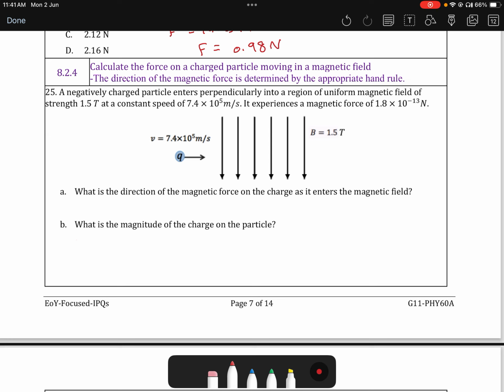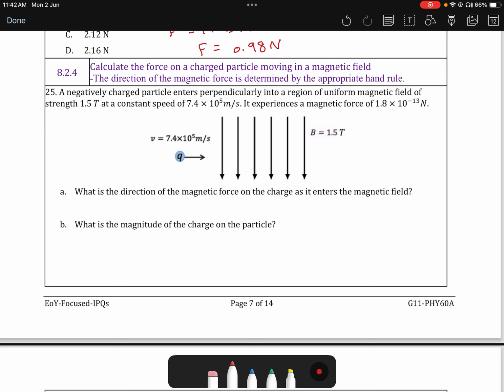Okay. Now, next is a little bit different. Here we don't have current, we have a moving charge. So what is the direction of the magnetic force? Thumb with the velocity, index with B. The velocity thumb to the right, index downward.